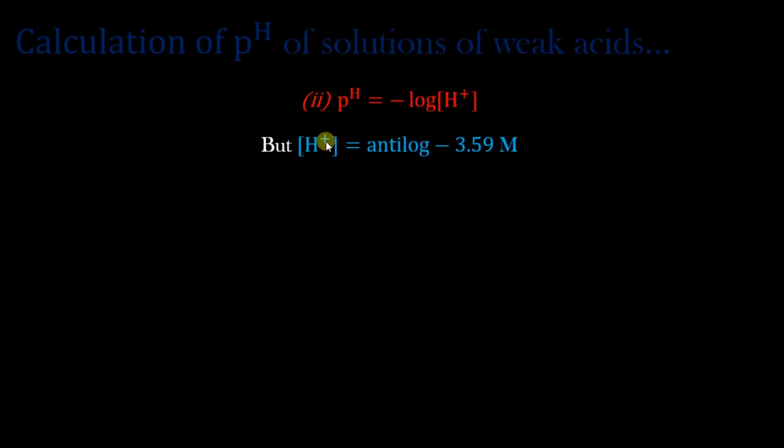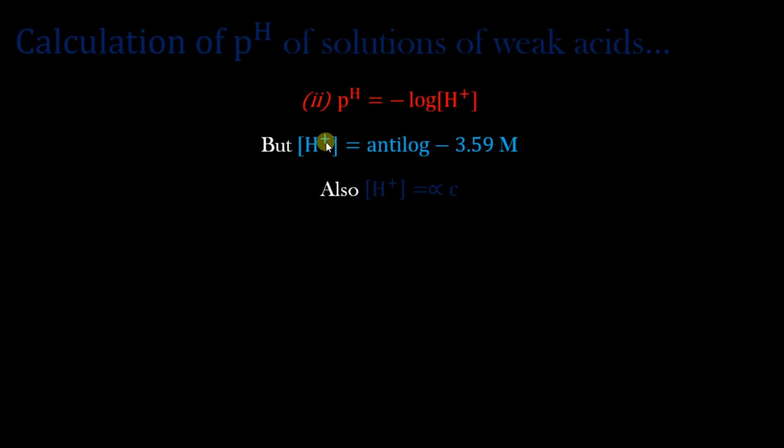So the molar concentration of hydrogen ions has been obtained, and we know it is also alpha C. So if the molar concentration of hydrogen ions is equal to antilog of negative 3.59, and also at the same time is equal to alpha C, it means the two equations are the same. So we simply equate alpha C to antilog of negative 3.59.